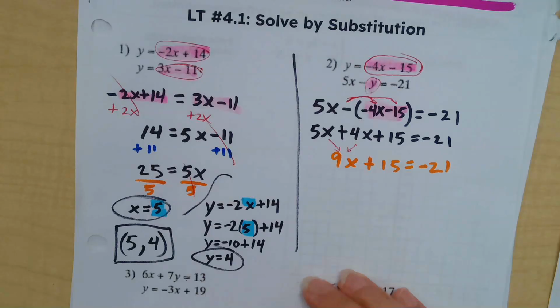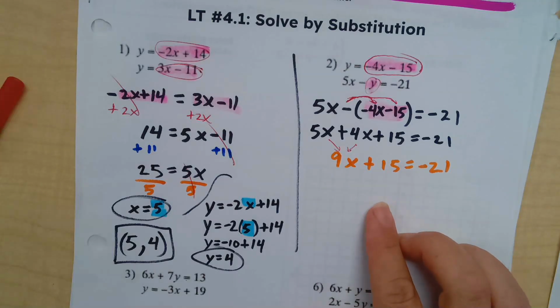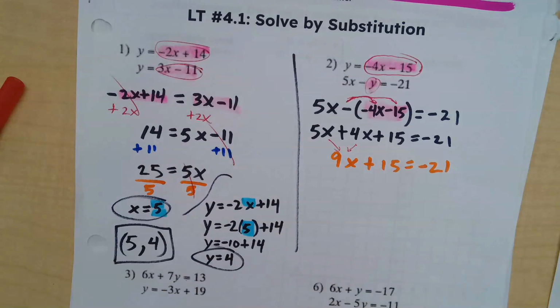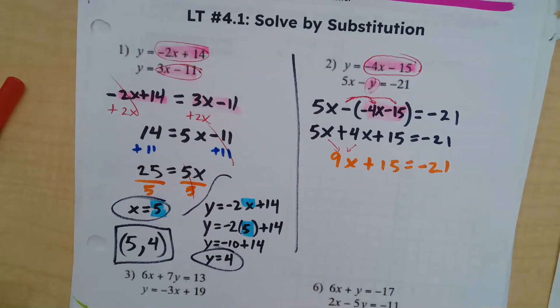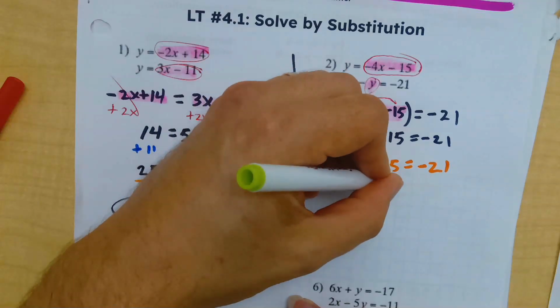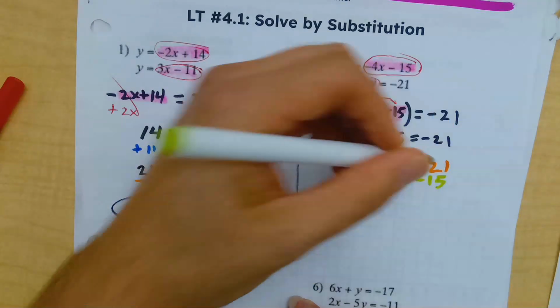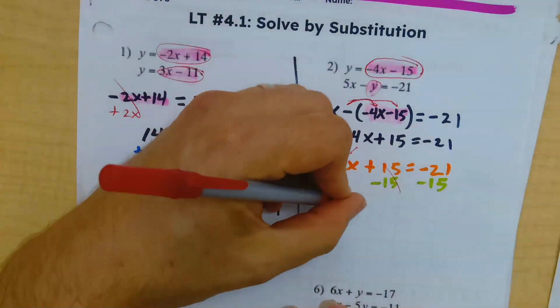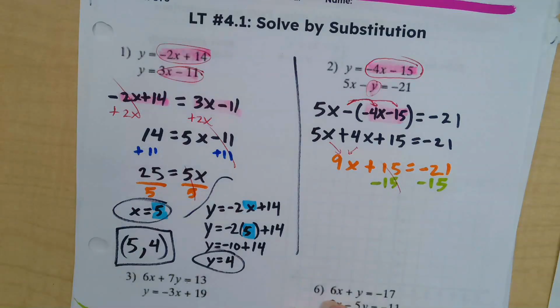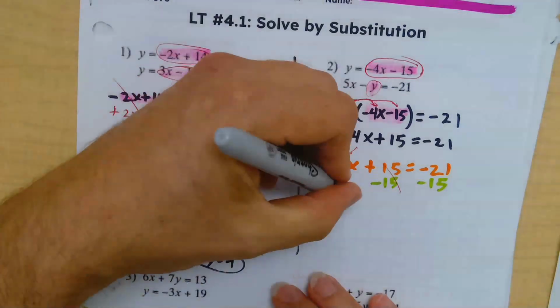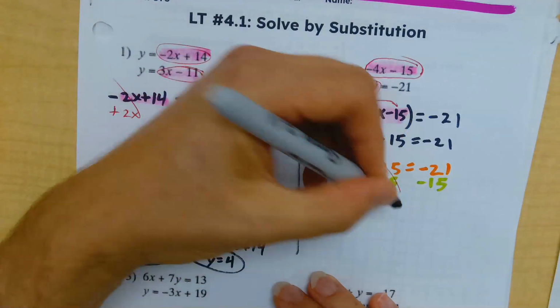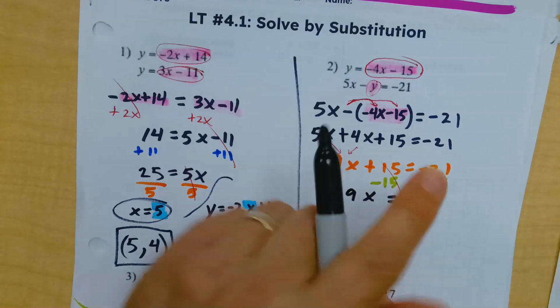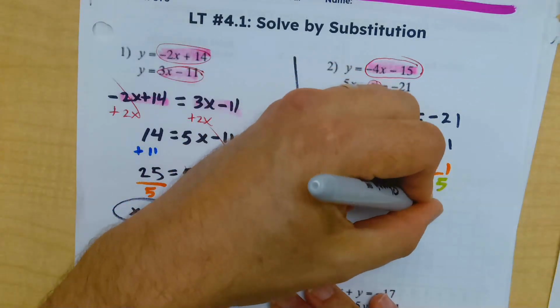And then now we're going to subtract 15 on both sides of the equal sign, and that makes that go away, and then I end up with 9x equals negative 21, and negative 15 is negative 36.